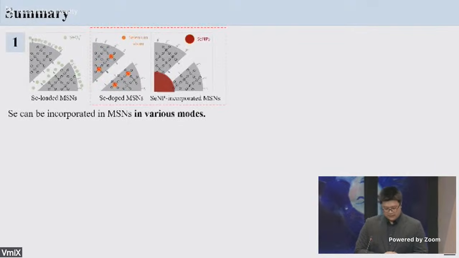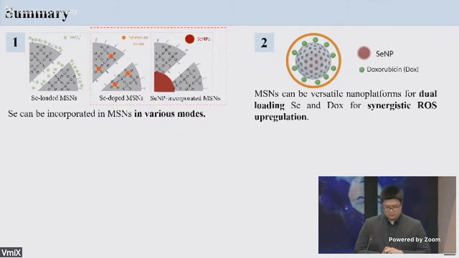To conclude, I would like to highlight 4 take-home messages. First, selenium can be incorporated in MSN in various modes, and selenium doping and selenium nanoparticle incorporation are more promising for enhanced selective bone cancer inhibition. Second, MSN can be a versatile nano platform for co-loading selenium and DOX for combination treatment through synergistic ROS upregulation.